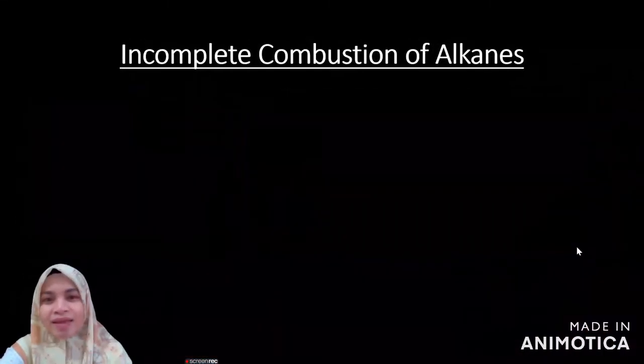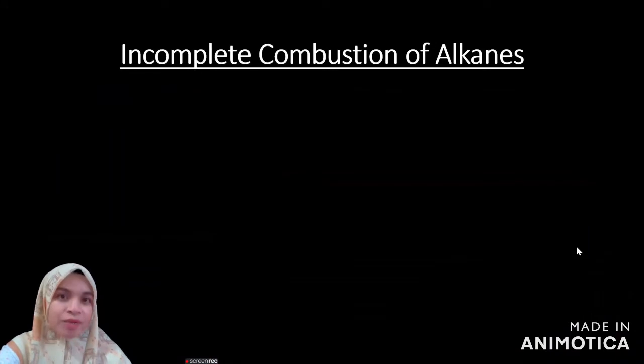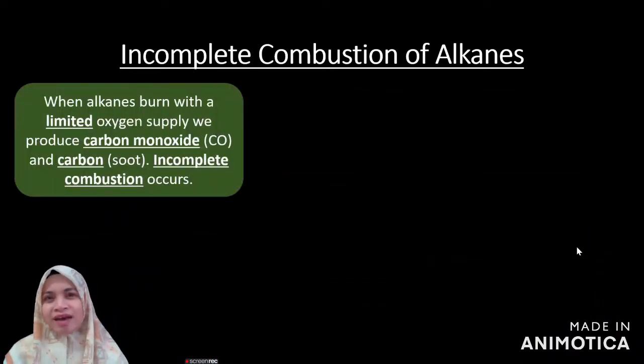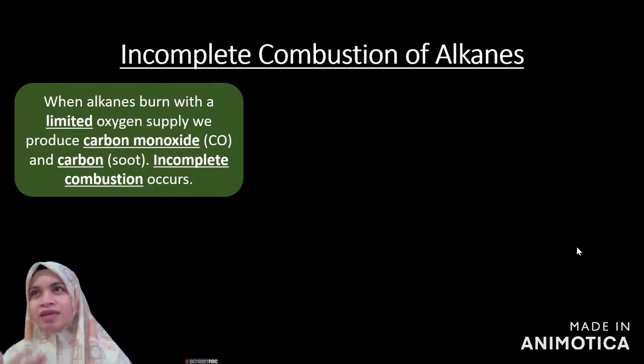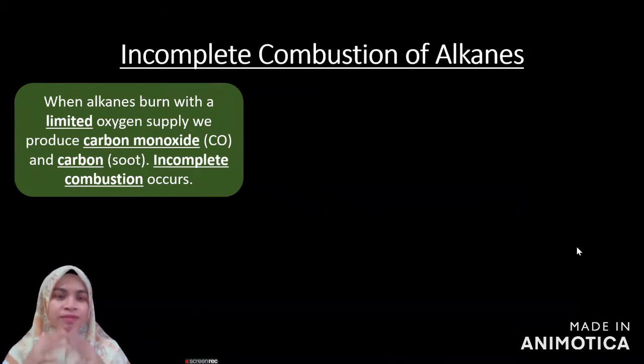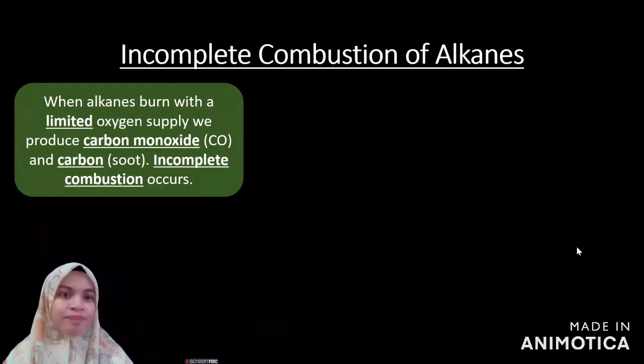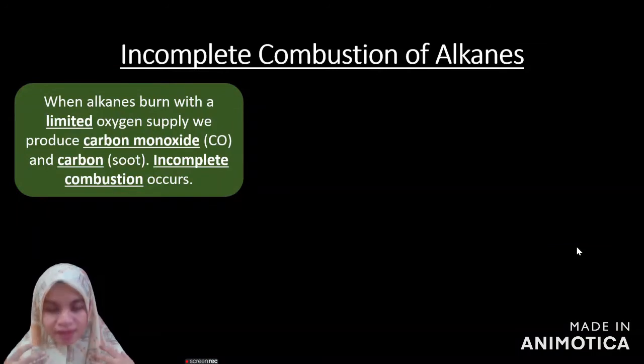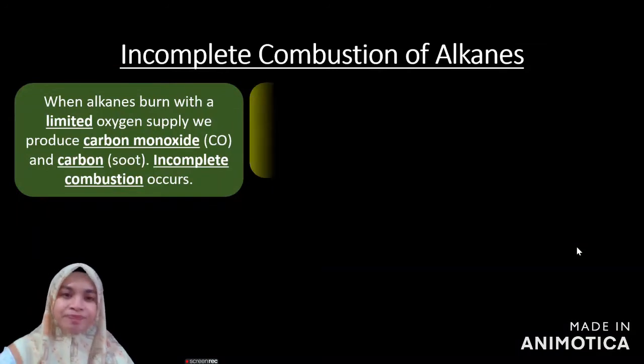Okay. So let's look at incomplete combustion of alkanes. This is quite tedious because the products vary. When alkane is burned with a limited oxygen supply, it will produce carbon monoxide and carbon, which is the soot, and this is incomplete combustion.